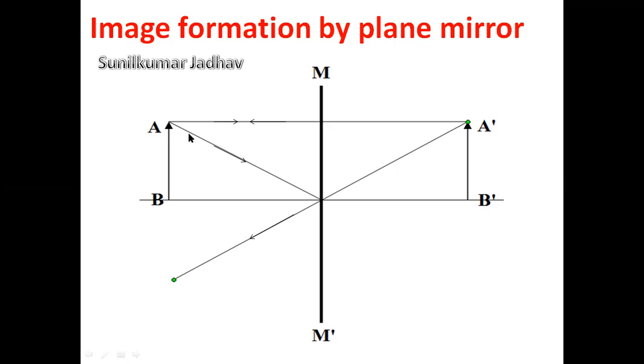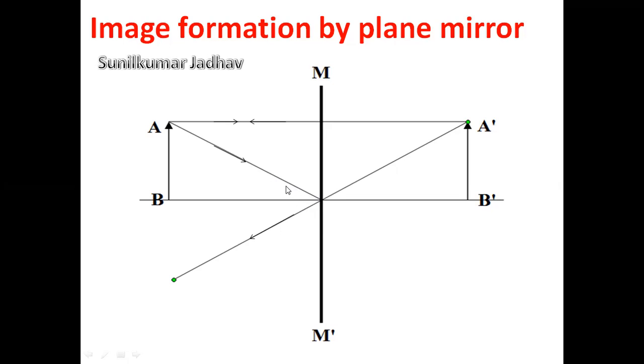This ray goes and is incident at this particular point, which we can consider as O. If it is incident at point O with the angle theta I, then as per the laws of reflection, theta I is equal to theta R, meaning both these angles remain the same.